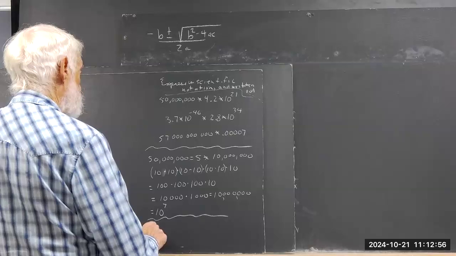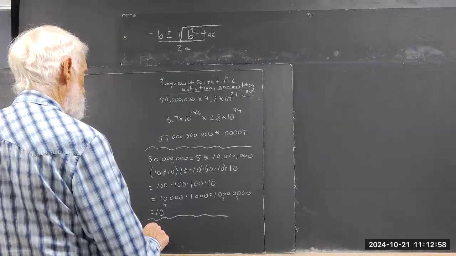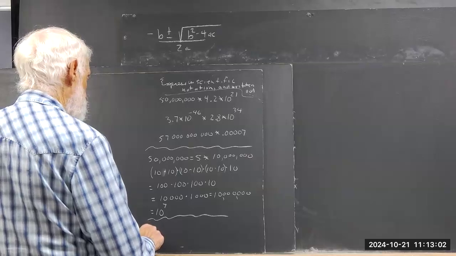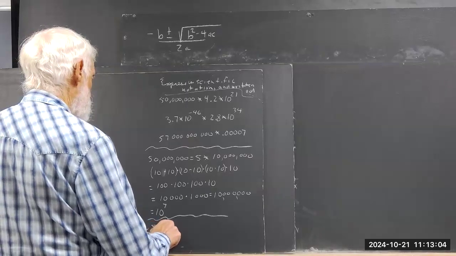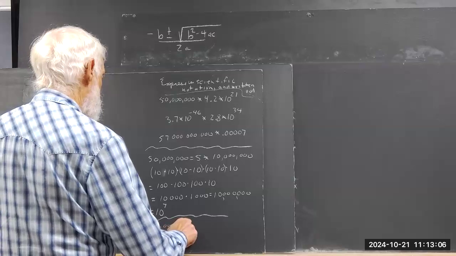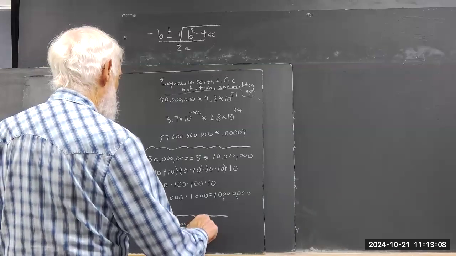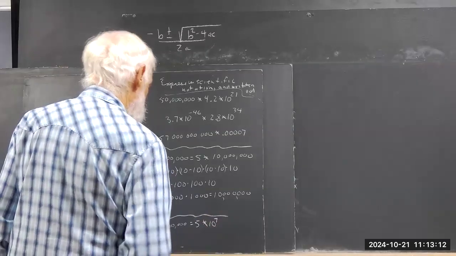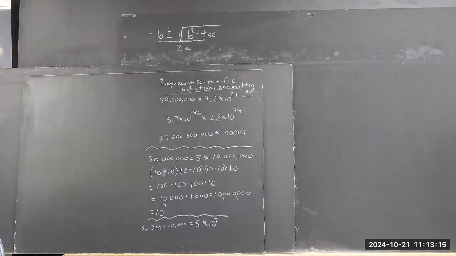Then 50 million equals 5 times 10 to the 7th.